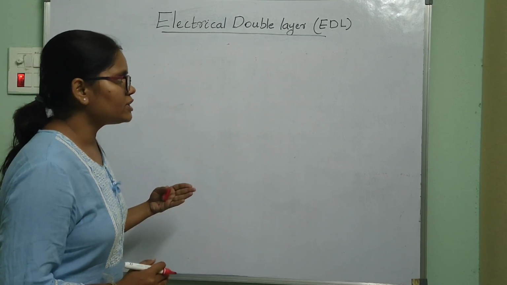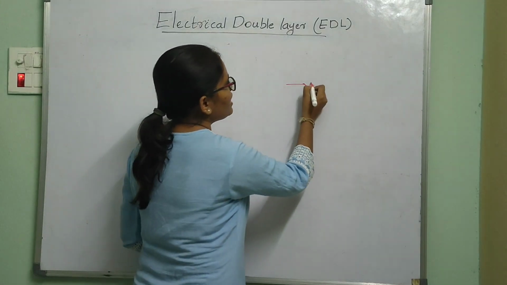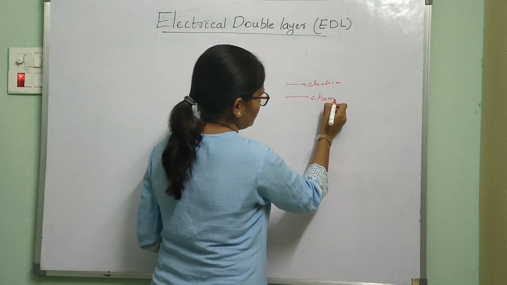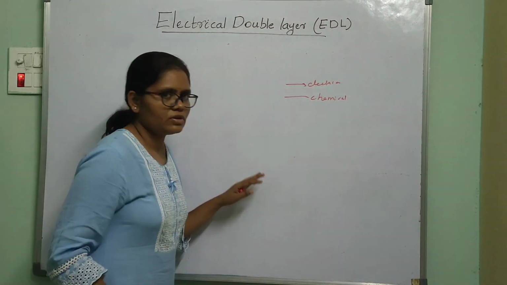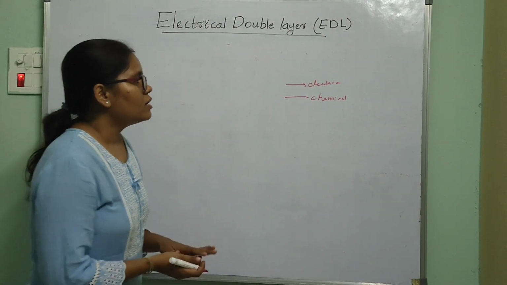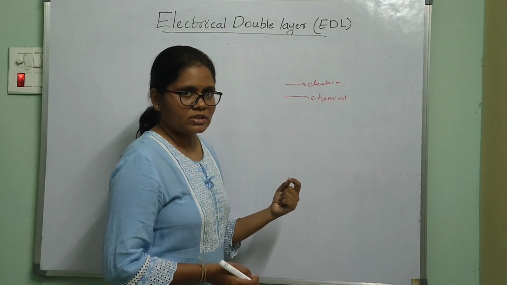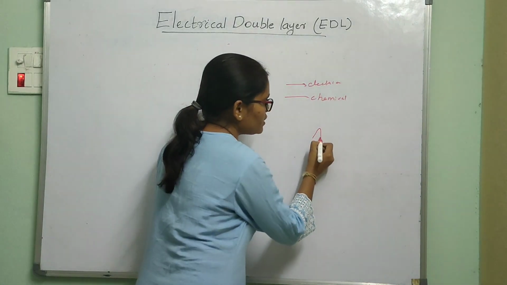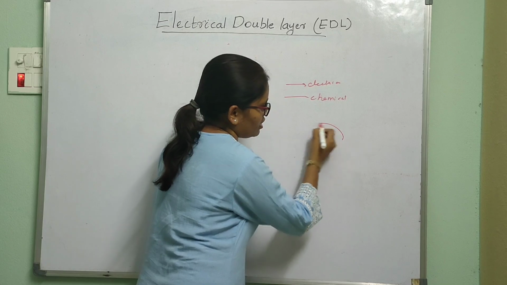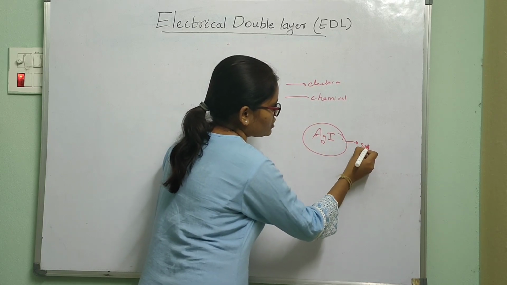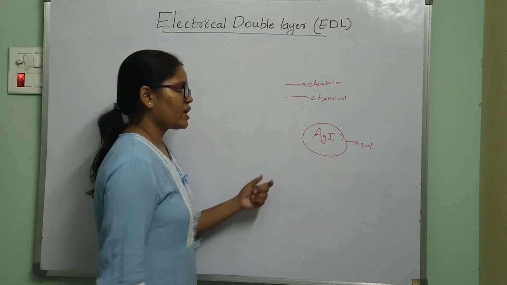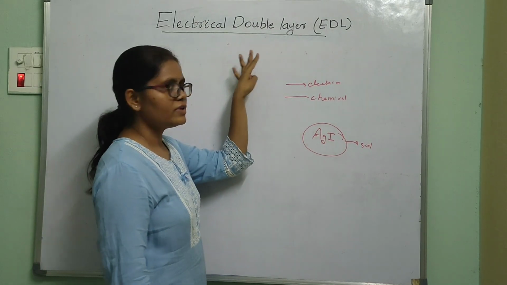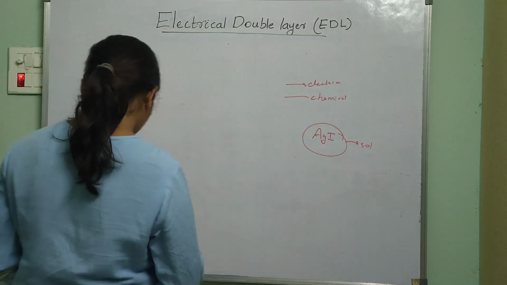So there are so many methods, like electrical methods and chemical methods, to prepare lyophobic colloids, which I am not going to discuss in this class. We will only take one chemical method that is used to prepare the lyophobic colloid of silver iodide, or silver iodide colloidal solution, and we will use this colloidal solution to understand the concept of the electrical double layer.